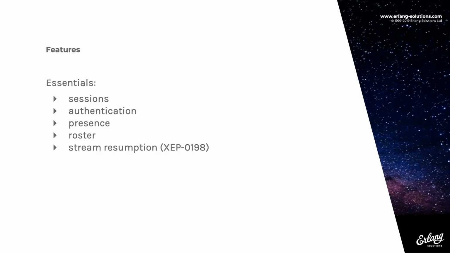So what are the essential features that the chat server must have? It has to accept connections and allow establishing and managing user sessions. It needs authentication. It usually needs to be able to distribute presence information like online, offline, away, working, busy, sunbathing, whatever there is.